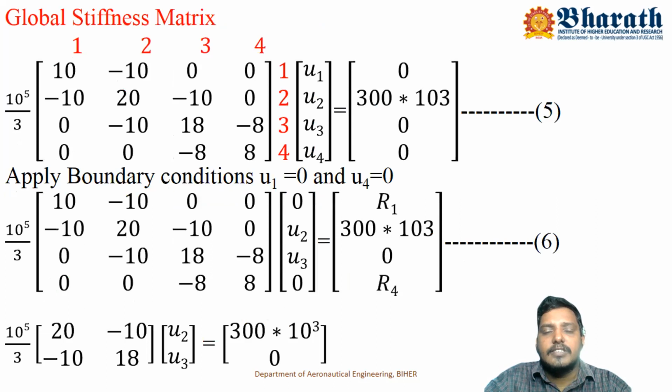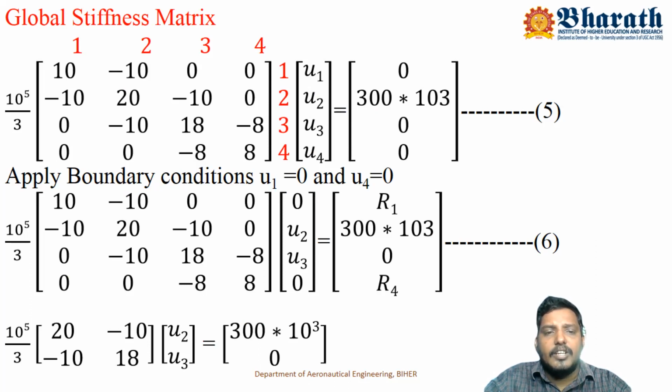So here the given structure is described by 3 elements, that means it consists of 4 nodes. Therefore, each node having 1 degree of freedom gives 4 unknowns, so the size of the stiffness matrix is 4 cross 4. That's why the top red color indicates 1, 2, 3, 4, the nodal numbers. Based on that, we have to assemble and we will get the global stiffness matrix.